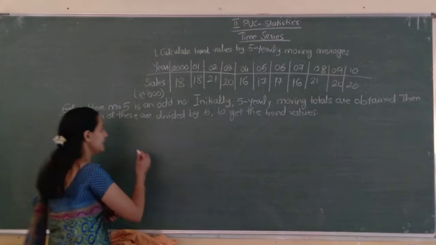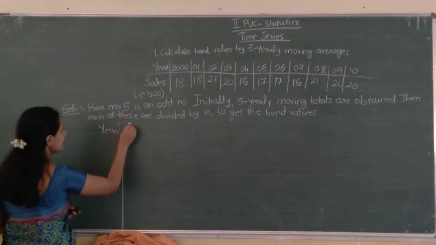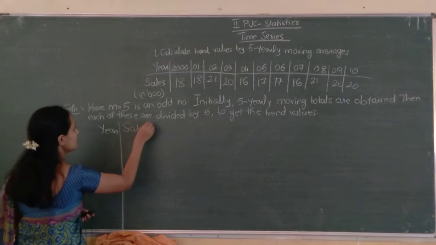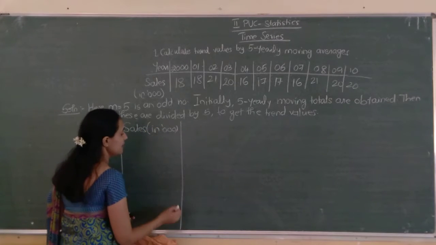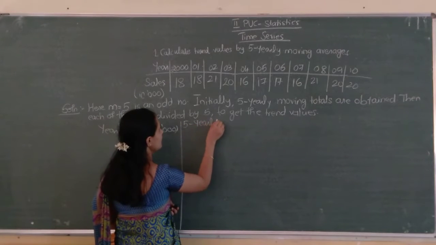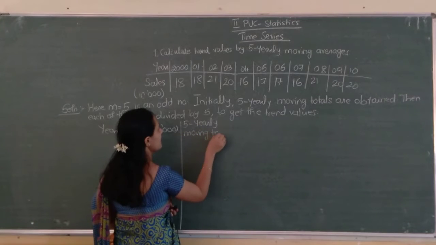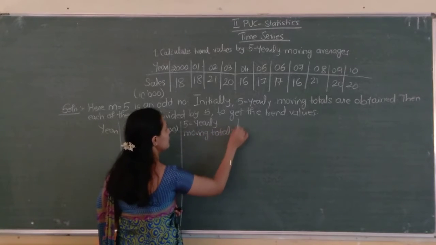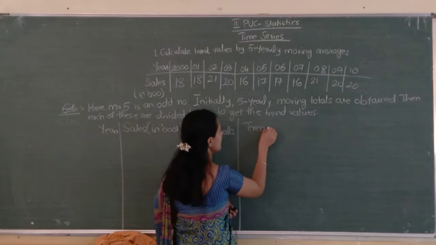So the first column is year, then sales in thousands, third one is 5 yearly moving totals, and the last one is trend values.